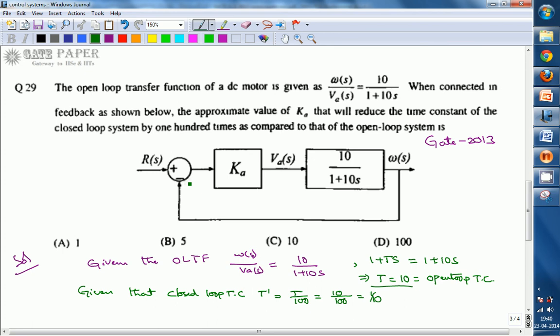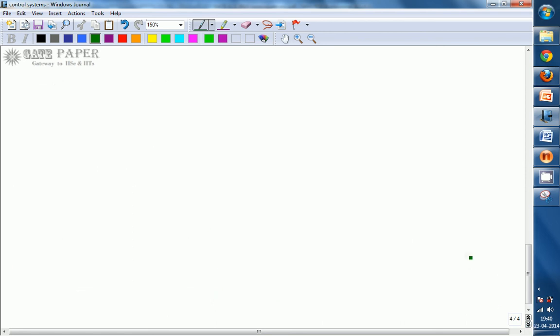Applying the closed loop with unity negative feedback, we get the total transfer function of the closed loop as W of S divided by R of S. The output is W of S and the input is R of S.